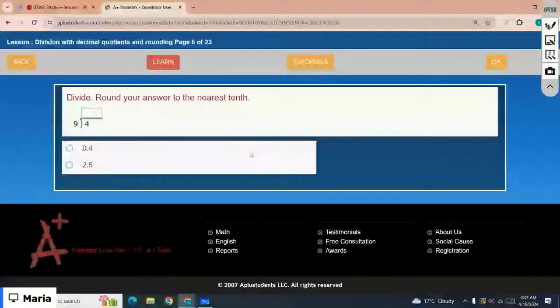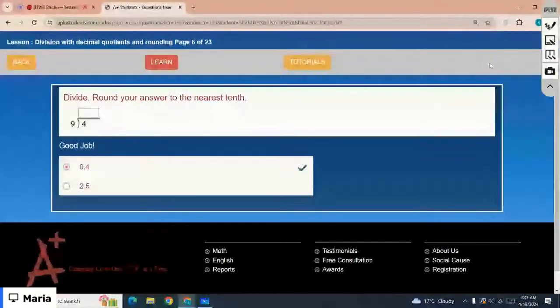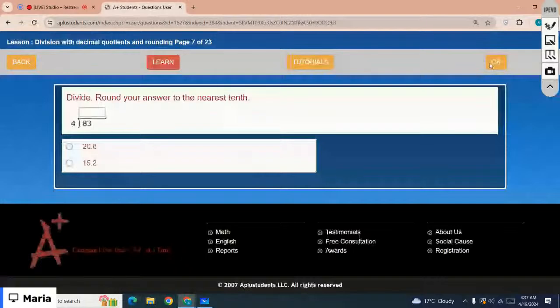Option number 1 is the correct option. 83 divided by 4, which is the correct option.